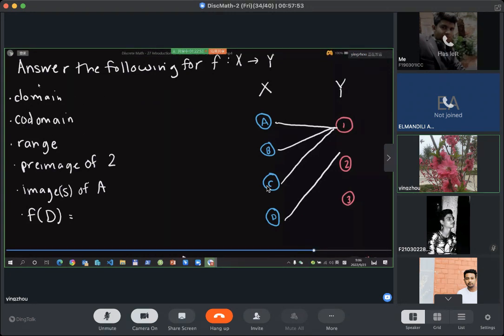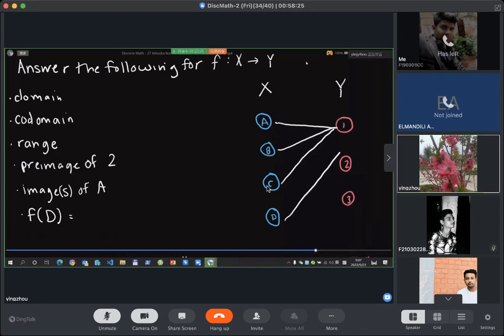Domain means all the possible input values. Codomain just means output values. The range is all possible outputs. And preimage: for each output you get, you can infer which input values could have produced it.